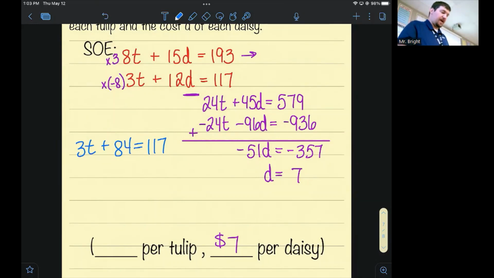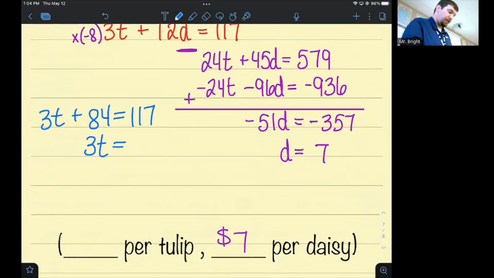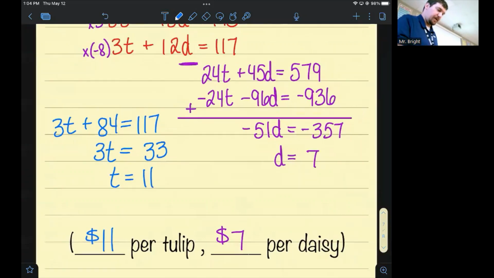Maddox, what do you get when you subtract 84 away from both sides? $33. Okay. And Emerson, what will we get for T then? 11, that's right. T represented the cost of a tulip, so $11 per tulip. And we have our answer.